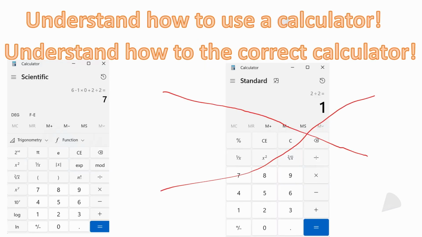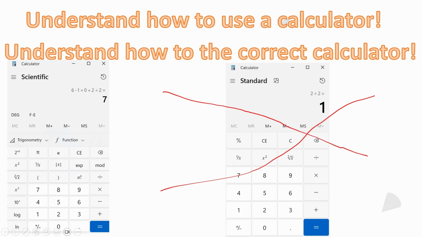Now, the other thing I run into a lot is people say, well, just use a calculator and then come back and tell me what you think. Well, it's not always the best advice because of the problems you have here, and this is an example from a Windows computer. You need to be using scientific mode on your calculator, not standard mode, because you'll probably end up with a 1. On the standard mode calculator, it doesn't have an internal stack or an internal stack chain where it can remember all of the operations.